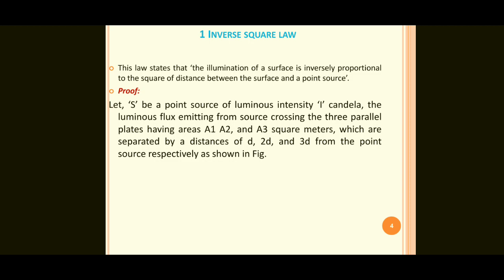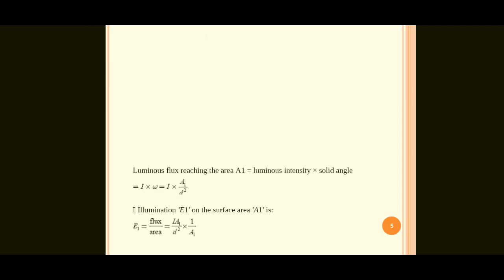The luminous flux emitting from the source crosses three parallel plates having areas A1, A2 and A3, which are separated by distances of D, 2D and 3D from the point source respectively, as shown in the figure.